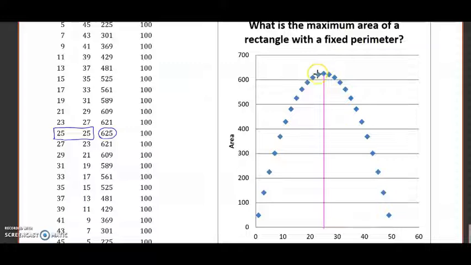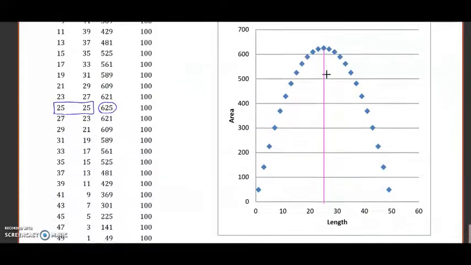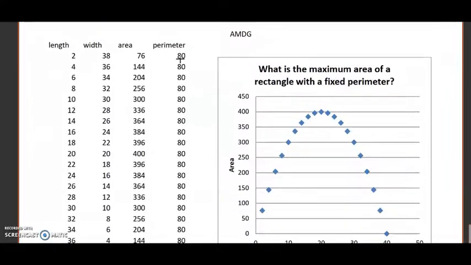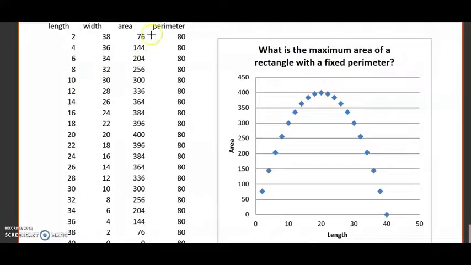What do we call this point? That moment when the graph changes directions. Let's look at another example. Here I've restricted the perimeter to 80. Again, the area increases until there.